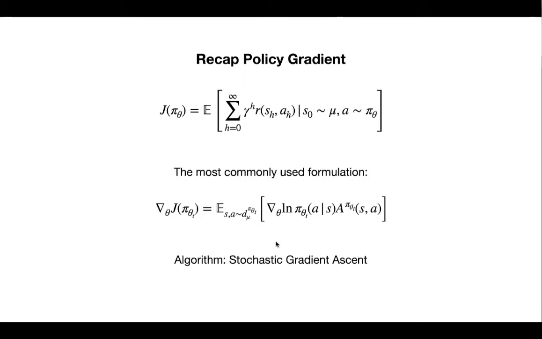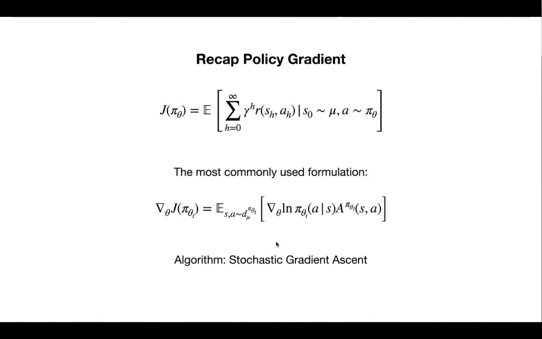In our case, we will sample state action pairs to replace this expectation, and with that, we can do stochastic gradient ascent. The usual proof for stochastic gradient ascent can be directly applied here.